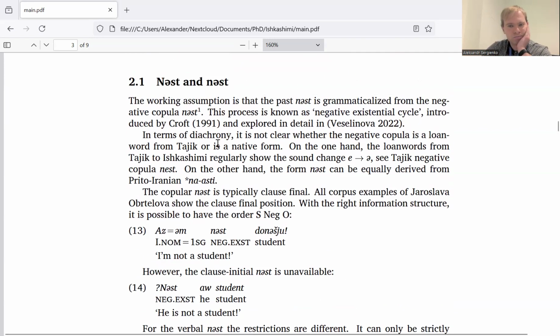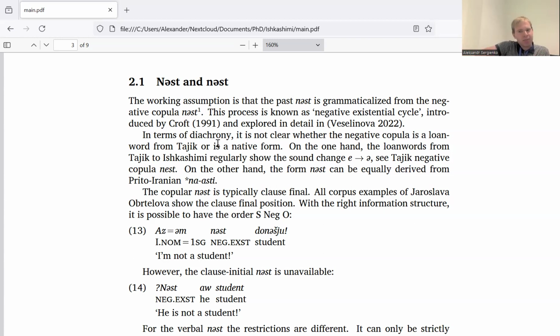And in terms of diachrony, it's not clear. I've read some references and I'm trying to think a bit by myself. It's not clear whether nist is a native form or a loan word from Tajik.